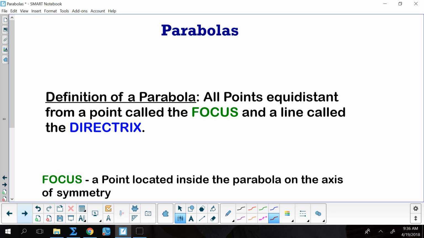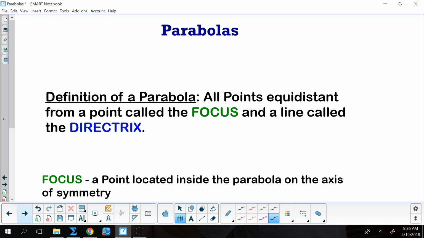That dot's your focus. And a line called the directrix. This line down here is called the directrix. Okay? So the parabola, the red parabola, is all points equidistant from the blue dot and the black line.